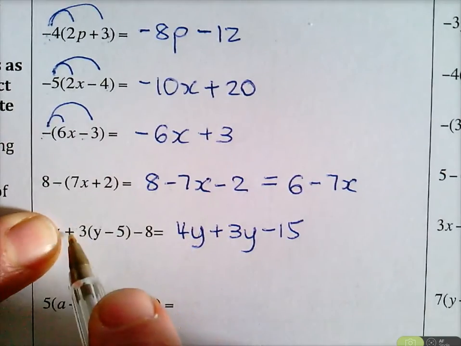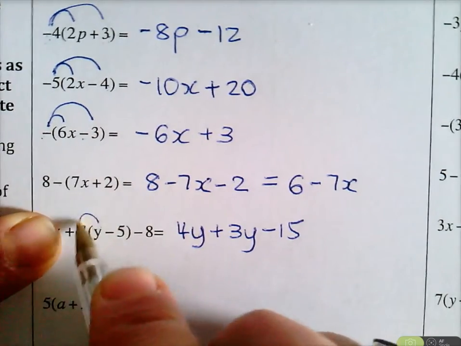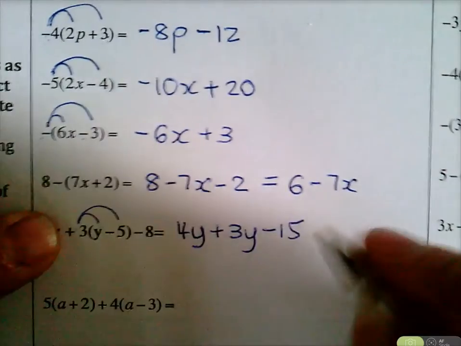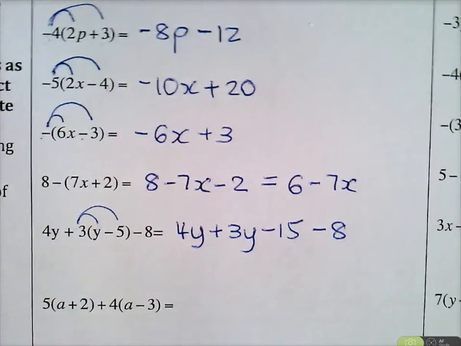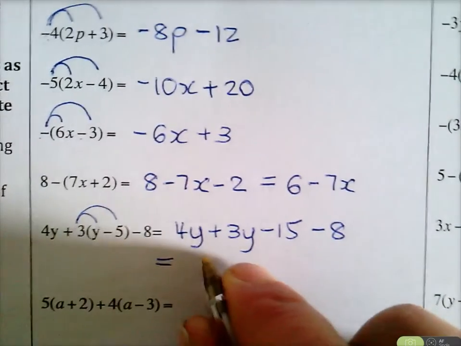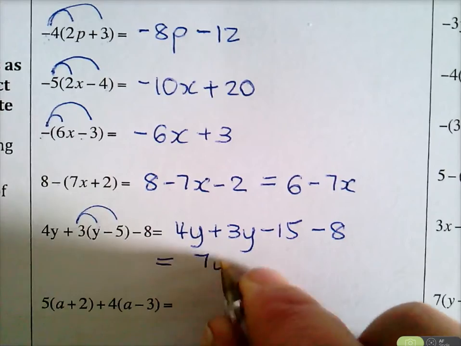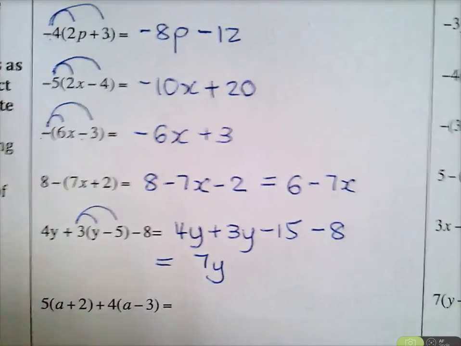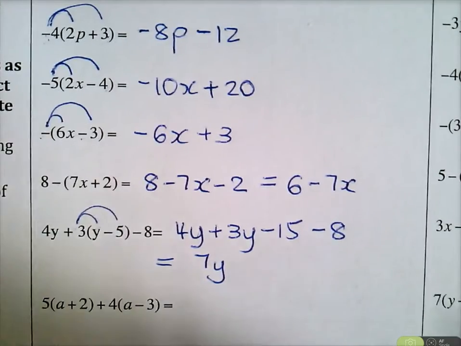Now, what do I now do? I've expanded. What do I do with this minus 8? I just write it. Minus 8. Can you see what I'm doing? So, girls, what's 4y plus 3y? Minus 15 minus 8. I'm going down 15 and down 8.